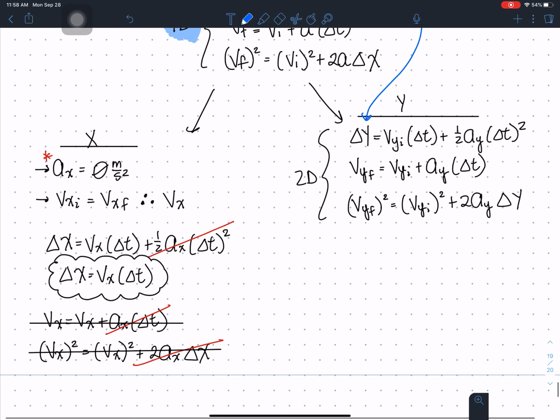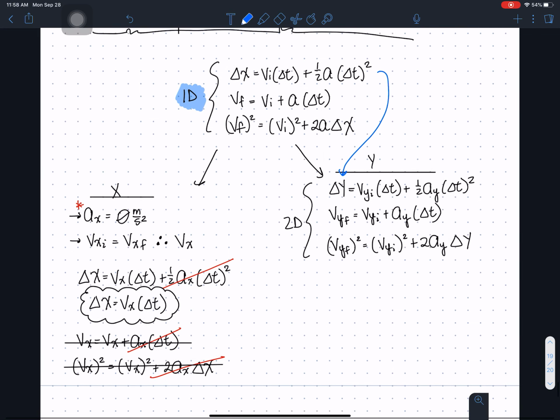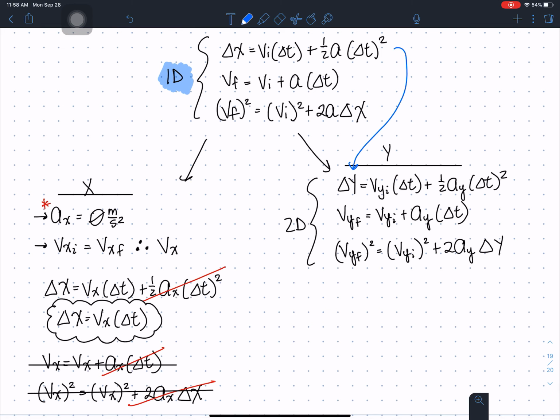If you look to the left for the x direction kinematic equations, remember that our two requirements for an object to be moving in projectile motion is that the object is in free fall and that the object has some initial horizontal velocity. The third note that we wrote down about projectile motion was that acceleration in the x is 0.